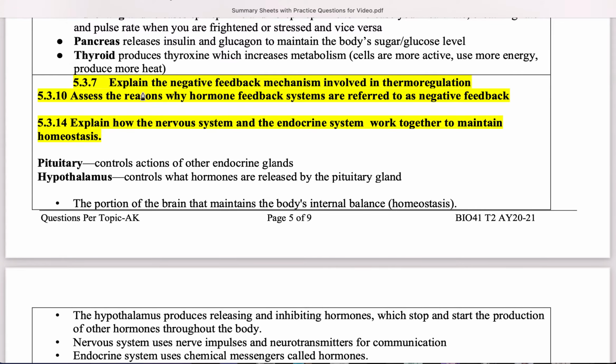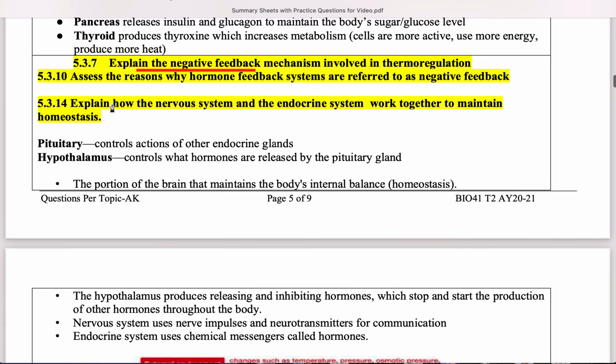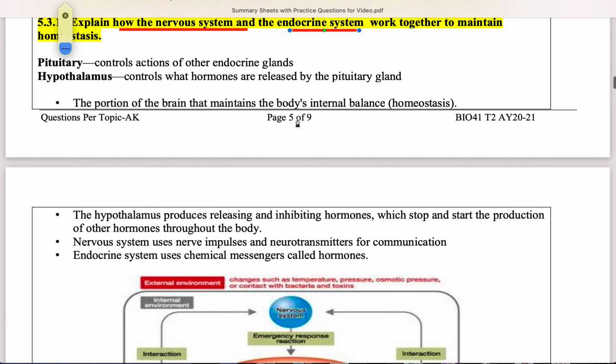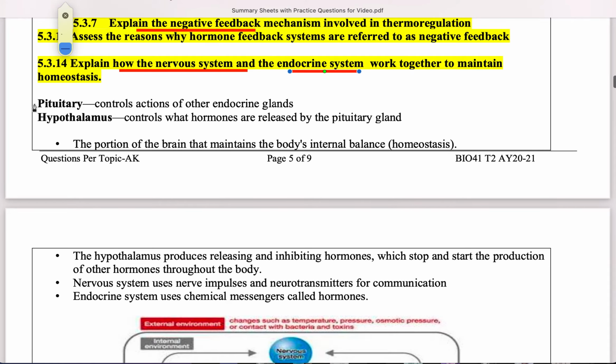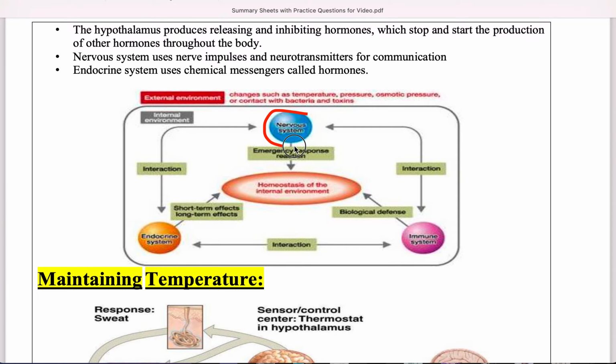Now we have another thing: explain the negative feedback mechanism with examples. So we have to see some examples. Explain how the nervous system works, and how the endocrine system and nervous system work together. You remember the nervous system part is the pituitary and hypothalamus. These two are parts of the nervous system. So this diagram can explain that your nervous system is the main one which brings homeostasis.